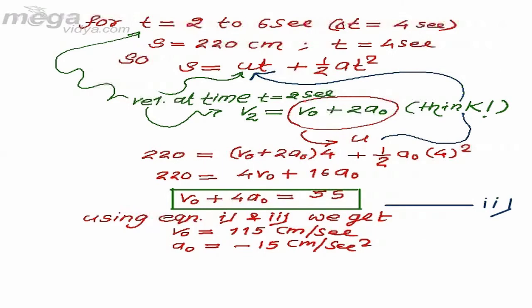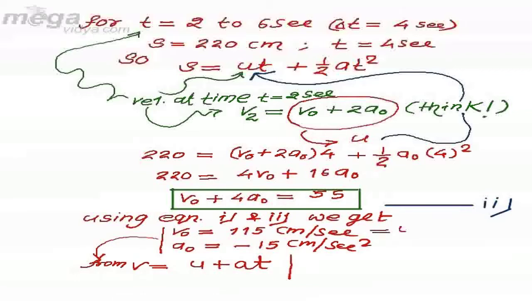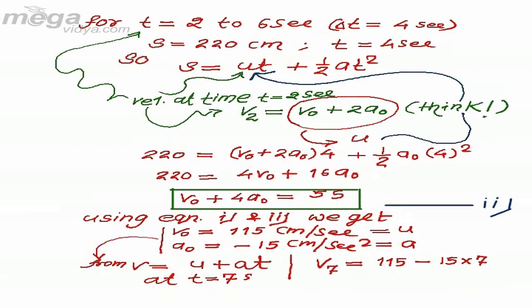If we put these values in equation number 1, which is v equal to u plus at, with initial velocity u and acceleration a, then the velocity at t equal to 7 seconds, v7, will be 115 minus 15 into 7, equal to 10 centimeters per second, which is our final answer in this case.